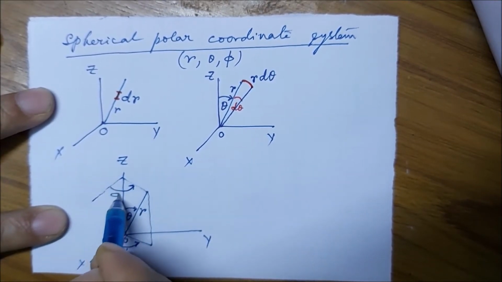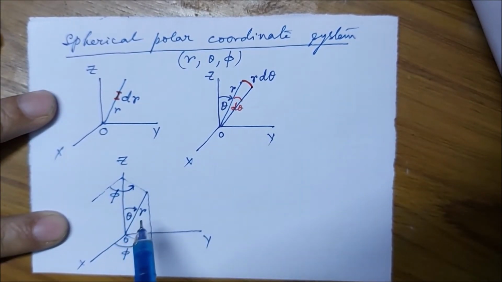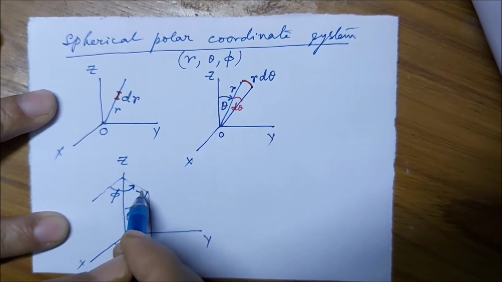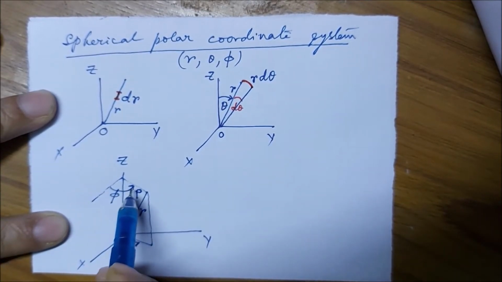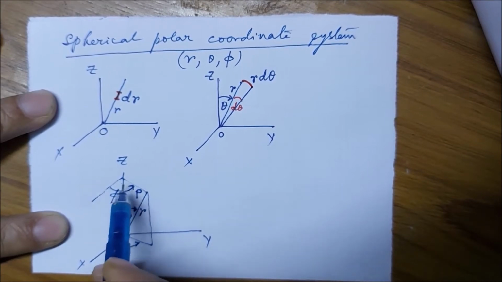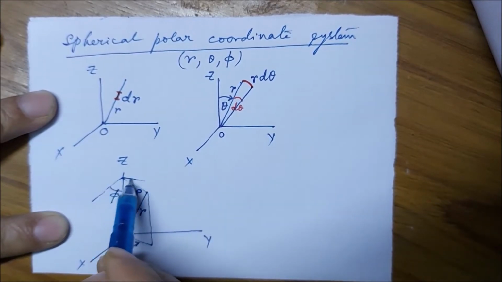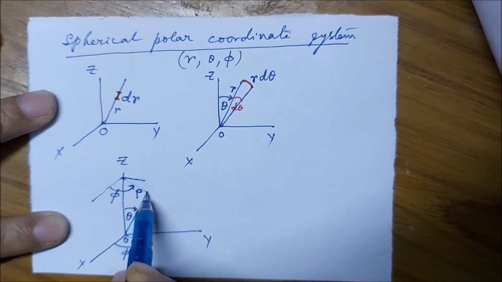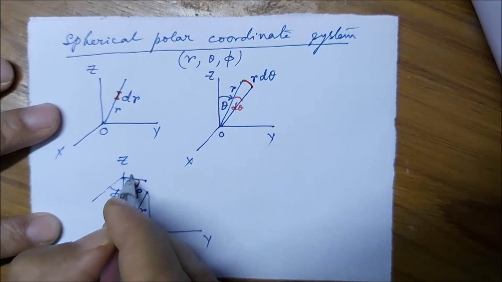Let us increase phi by a very small amount, say d phi. And this distance is rho. Now if we increase phi by d phi, so that this rho rotates by d phi and this tip comes here. So this angle is d phi.